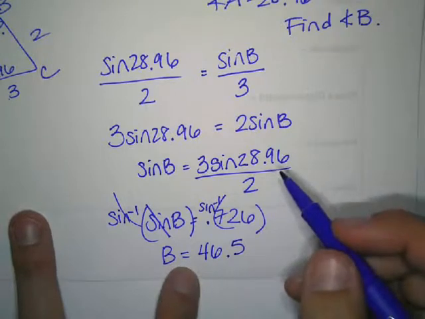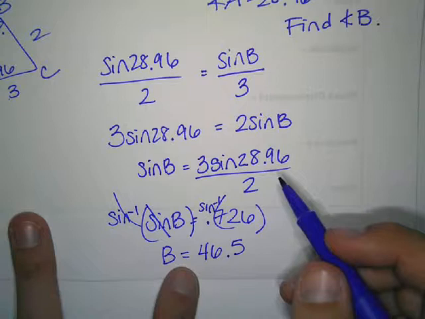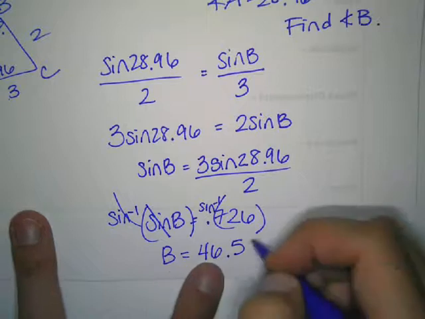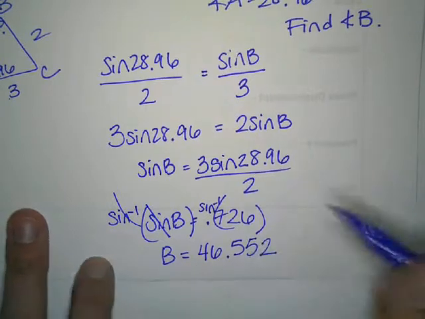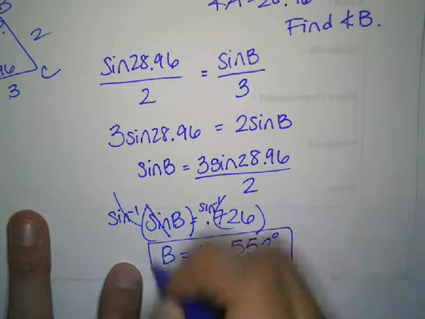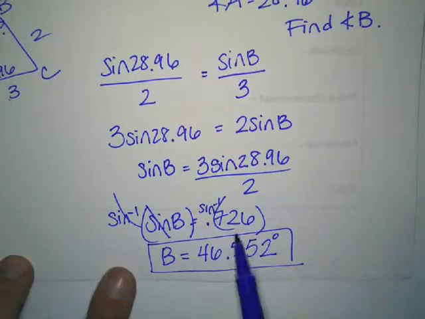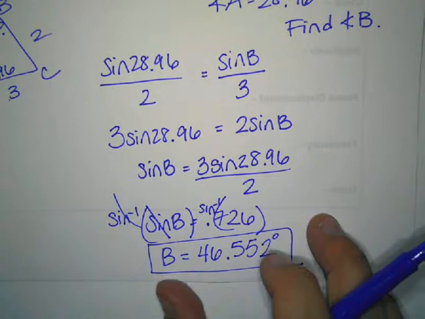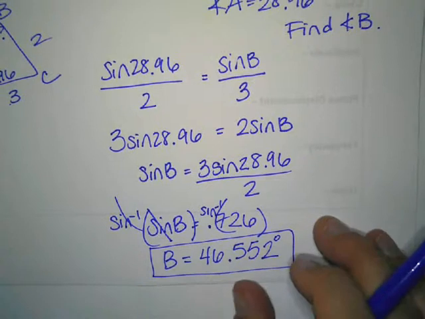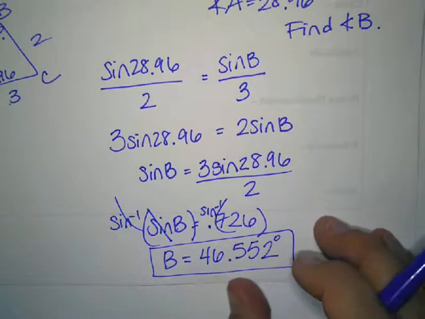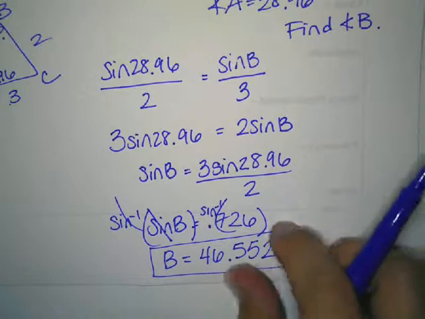I have 46.55. I guess it depends on if you use the answer key or if you use 0.726. Okay? So same setup, it's just you have to do a little bit more work on the end there because you have to actually solve for an angle.